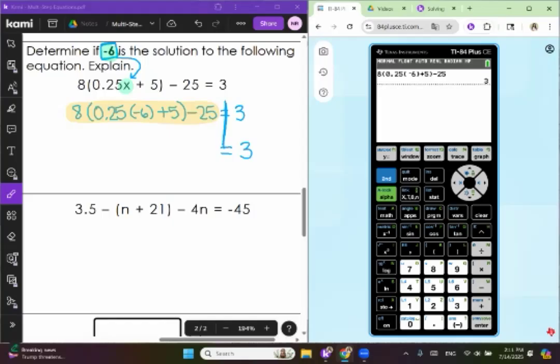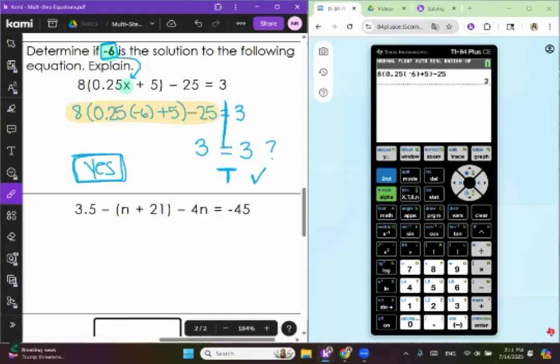You push enter and you get 3. Is 3 equal to the number 3? That is a true statement. So that means yes. Yes, negative 6 is the solution. It is the answer to our problem.